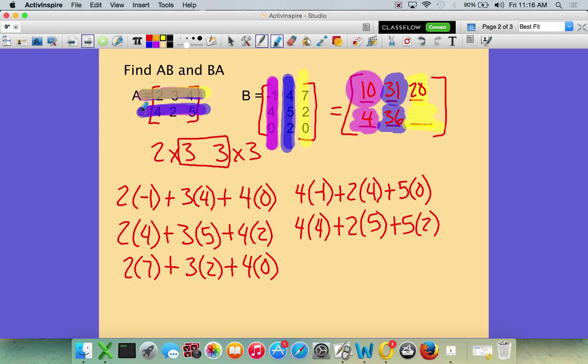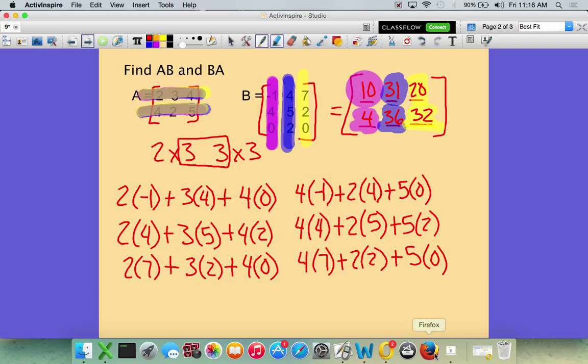So I'm going to take row 2 times column 3, and I would go 4 times 7 plus 2 times 2 plus 5 times 0. We multiply those together, 28 plus 4 plus 0 is 32. And there's my answer. It does take a lot of work to get each one of these, but that is the process for it.